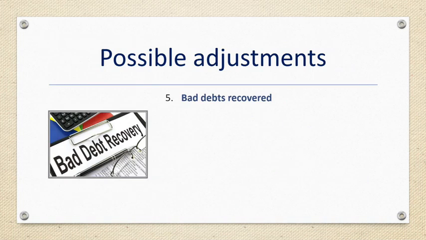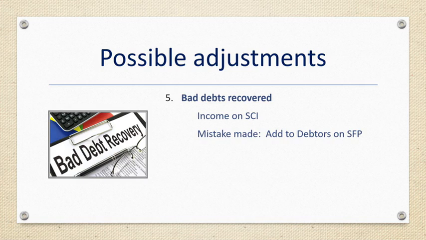Bad debts recovered. When a debtor disappears, we wrote off the debt, but now suddenly that debtor appears again and pays us. So we say, thank you very much for the money, we take it, we debit bank, but now we credit bad debts recovered, which is an income to be shown on the statement of comprehensive income. So we will add that. We will just have to see whether a mistake was made, because sometimes when a debtor who was previously written off pays us, then we put it in the CRJ, but by mistake we put it in the debtors control column.